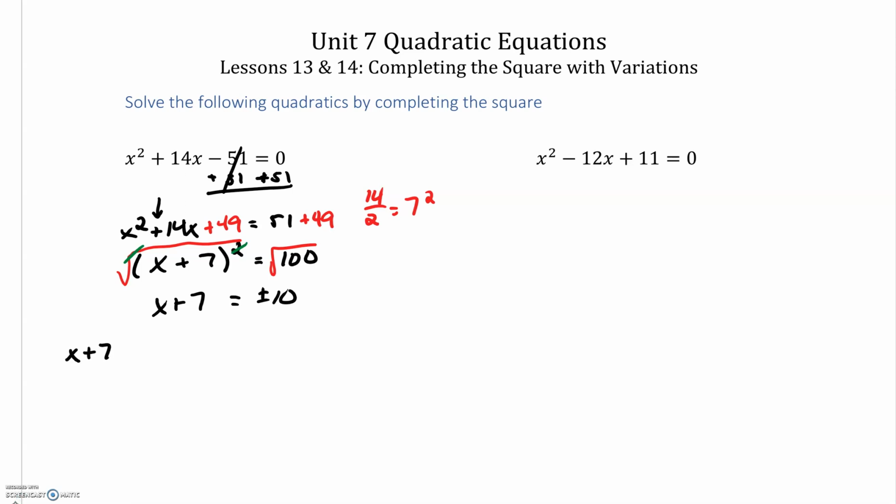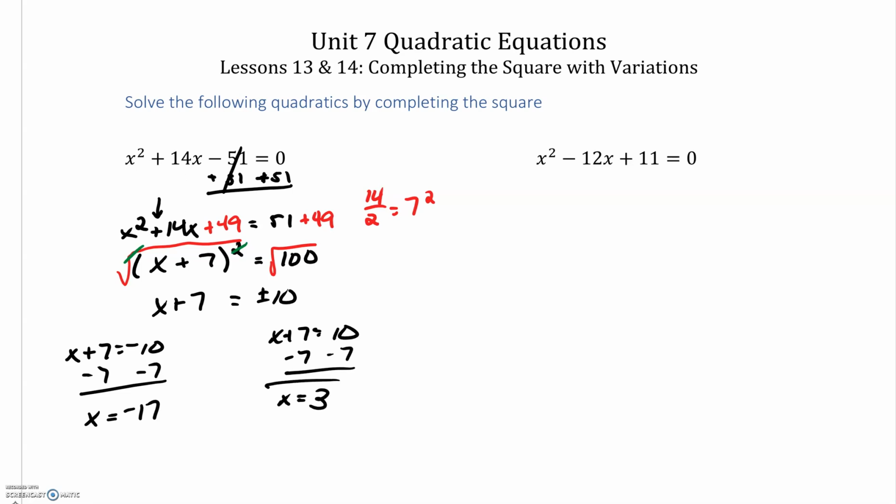I have x plus 7 is equal to negative 10, and I have x plus 7 is equal to positive 10. I solve each of these by subtracting 7 from both sides, and I end up with x equals negative 17. Subtract 7 from both sides, and I end up with x equals 3. So those are the two solutions to my quadratic.